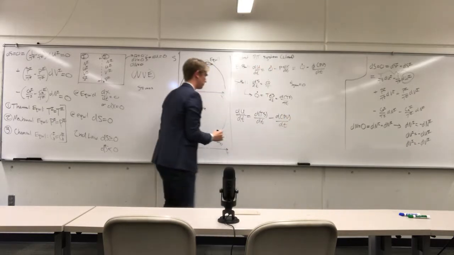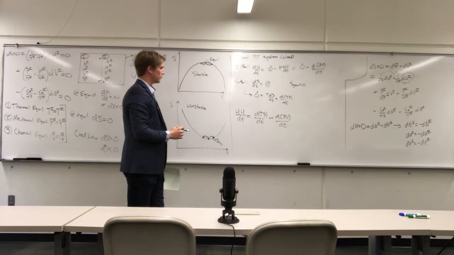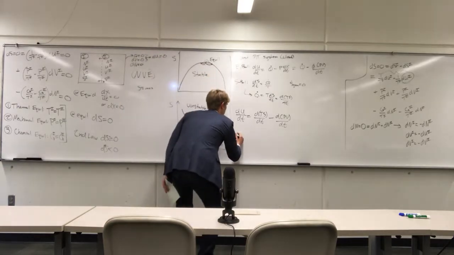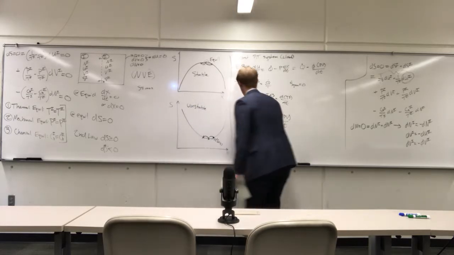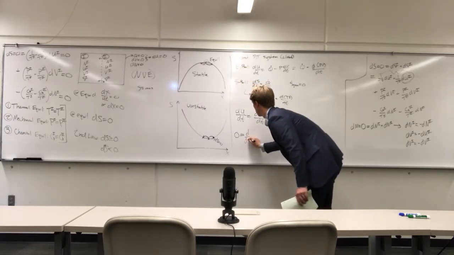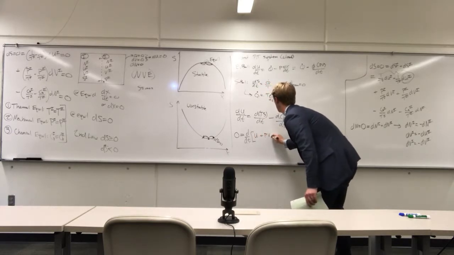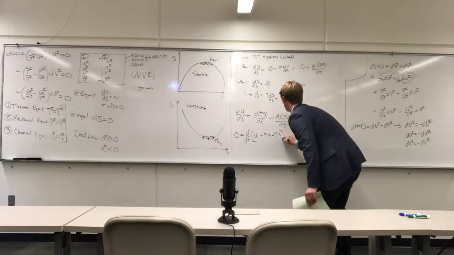If I move everything over to one side of the equation, it's going to be U plus PV minus TS.